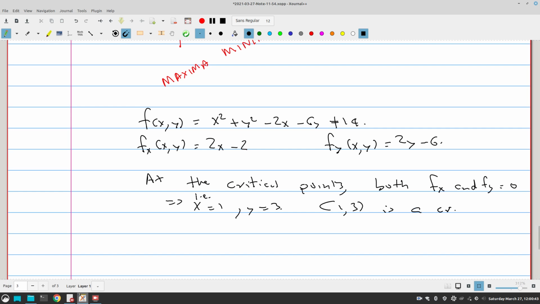is a critical point. Now we don't know yet if this critical point is a maximum or a minimum or a saddle point, right?